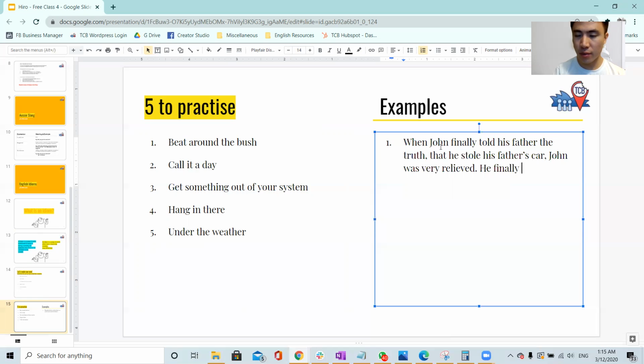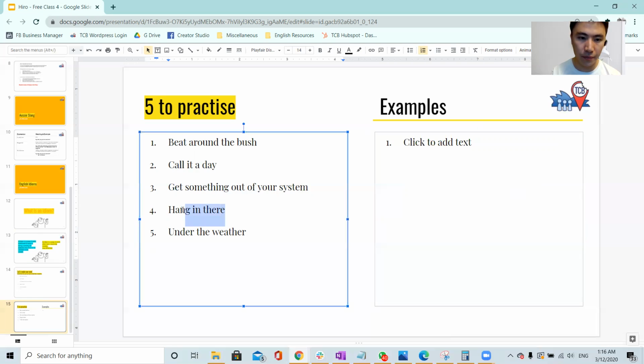He finally got that out of his system. Maybe I will add the word confession here. Got that confession out of his system, because John had been feeling very guilty until then. Okay, give 3 seconds to read this sentence again. And I'll delete.